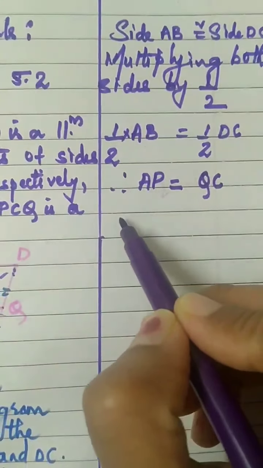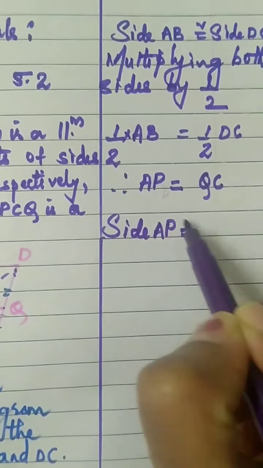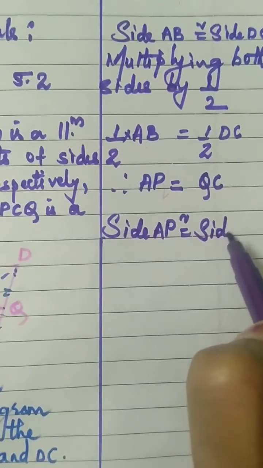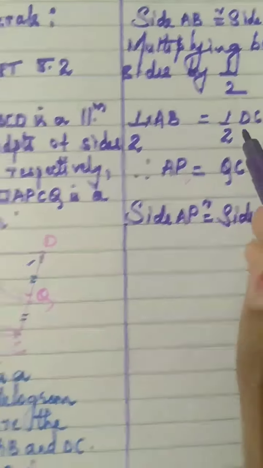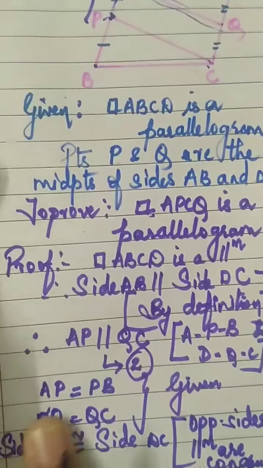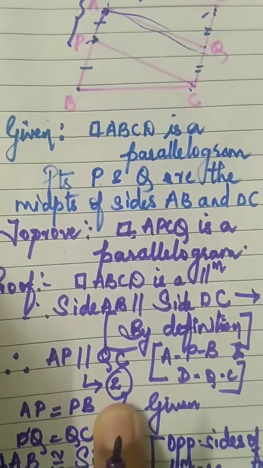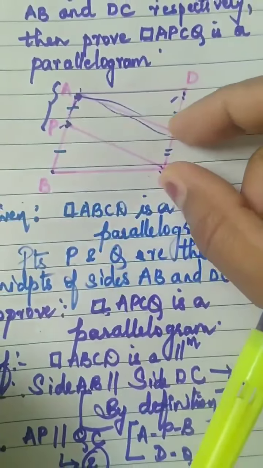Understood? So you got side AP congruent to side QC. Just go to the previous thing what you got. Side AP parallel to QC. Second we had marked, AP we got parallel to QC.